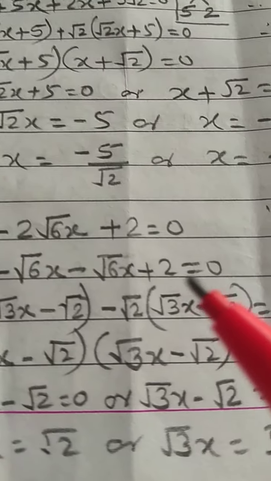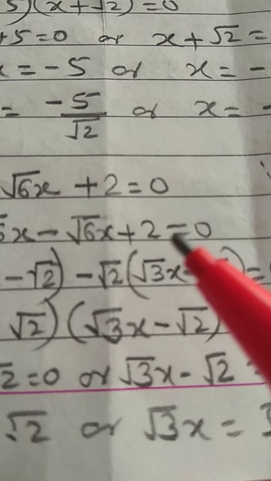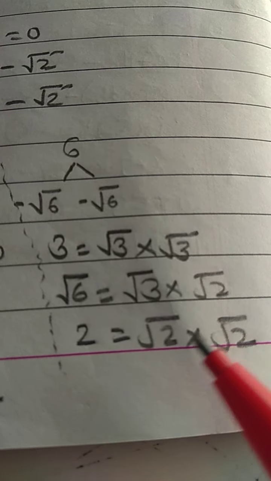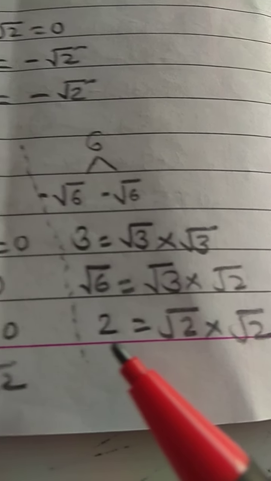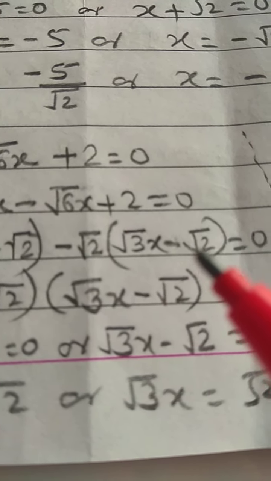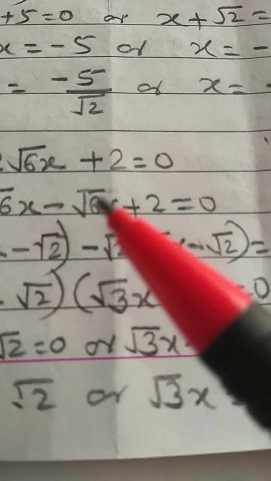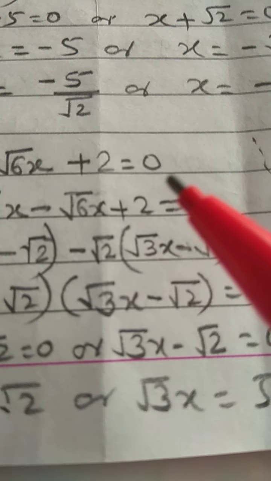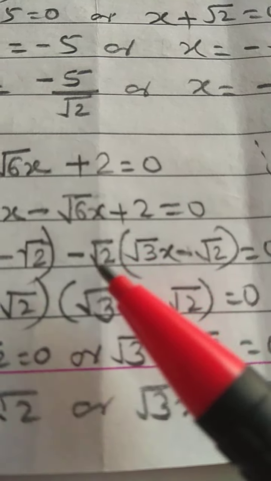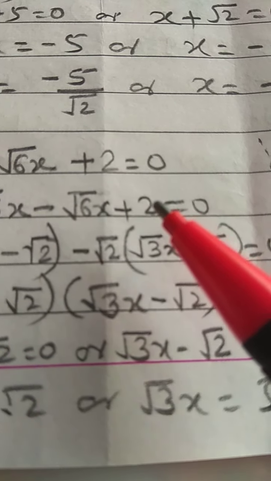Okay. Now here we can take out root 2 common from these two terms. 2 contains root 2 into root 2. Root 2 into root 2 is 2. So we are taking root 2 common here. Now as we are taking root 2 common, we will have root 3x here, and as we are taking root 2 common here it will remain root 2, because root 2 into root 2 is 2.